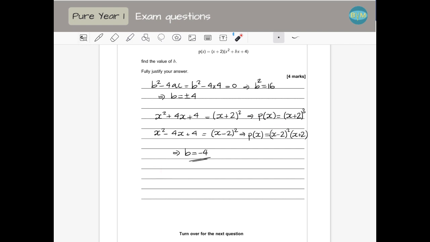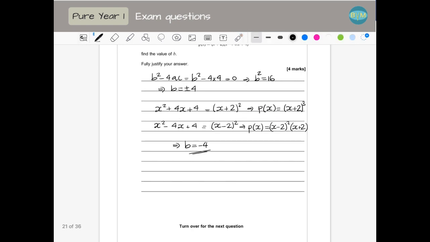And you should write a line saying that if b is 4, I will have only one point of intersection with the x-axis instead of 2. And that's all with this question.